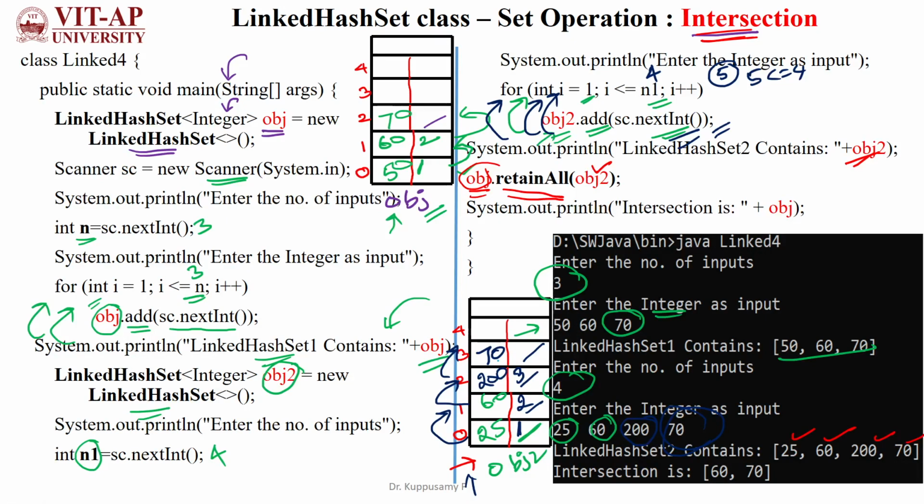As per this, 70 is available here, and here also 70 is available, and 60 is available here, and here also 60 is available. So the common elements 60 and 70 are there, so those values are printed here as per this statement after executing it. So this is the way to apply intersection to the two objects' values by using the LinkedHashSet structure.